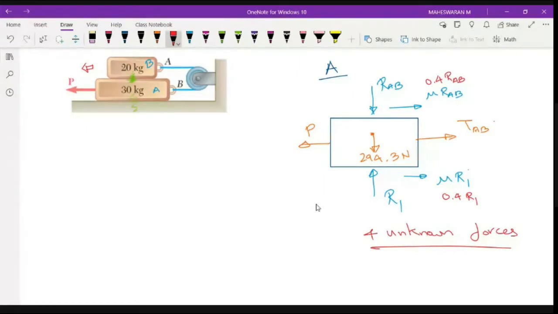Next we will connect with block B. We consider block B, a block like this.